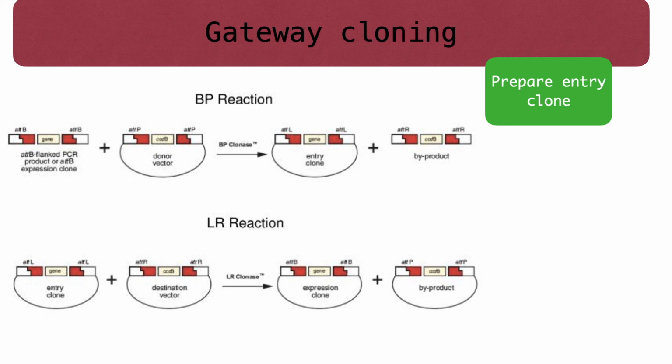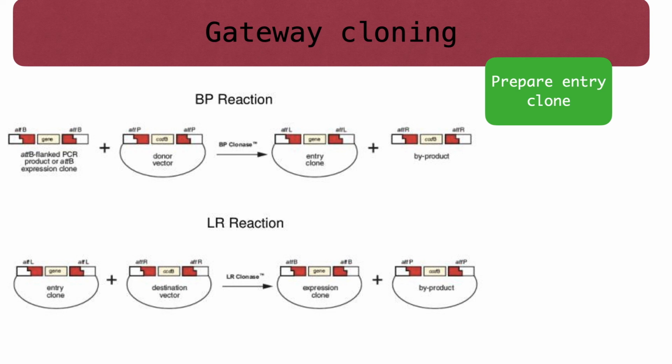And this entry clone will have our gene of interest that we are going to clone, and it has attL sites. Once we have the entry clone with attL sites and our gene of interest, we have to clone our gene of interest into the destination vector, which has ccdB and attR sites.